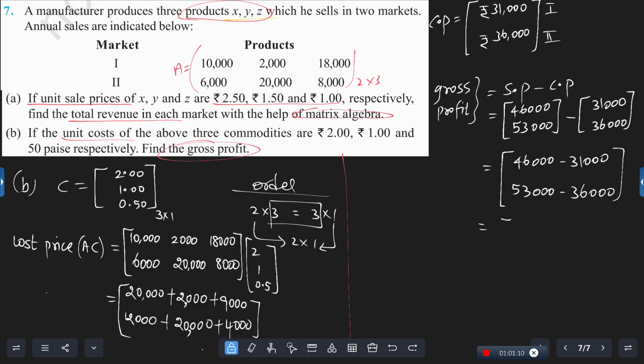So when you subtract 46 minus 31: 6 minus 1 is 5, 4 minus 3 is 1, so 15,000. This is 15,000 rupees profit for market number 1.